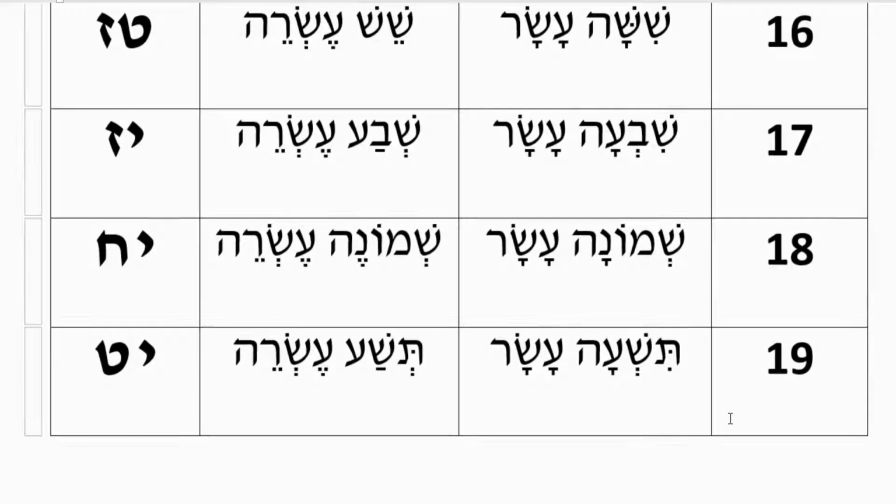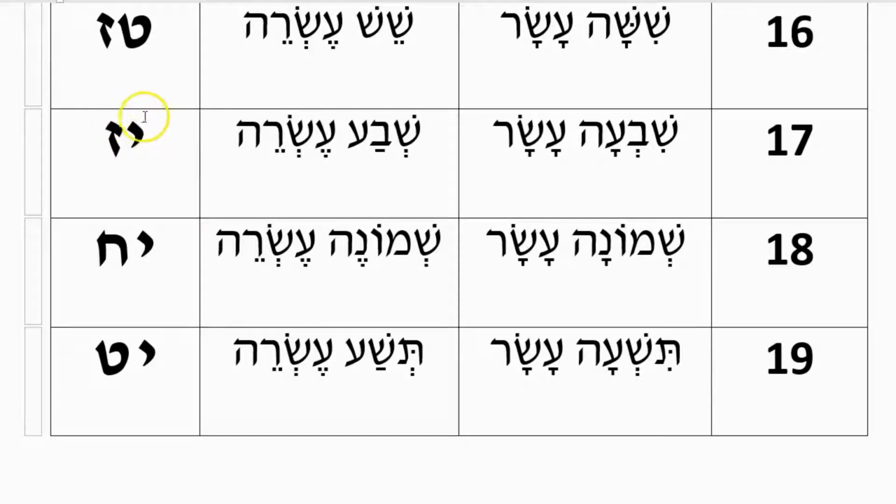Okay. 17. Shiva Asar. And in the Nekeva, Shva Esrei. And we're back to our normal writing system. Yud, Zayin.